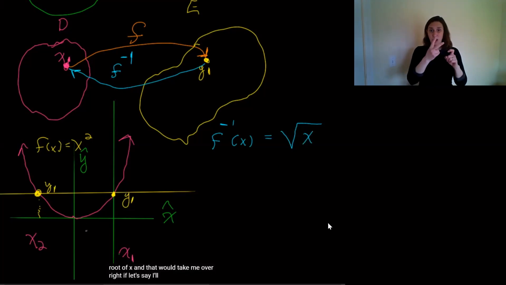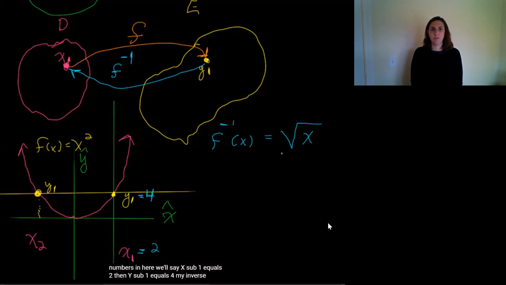If, let's say, I'll put actual numbers in here, we'll say x sub 1 equals 2, then y sub 1 equals 4. My inverse function maps from 4 back to 2, but we have a problem. Both plus or minus values are good.